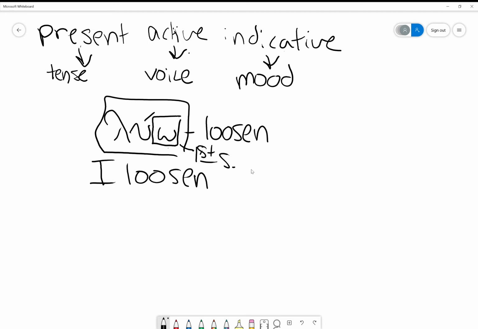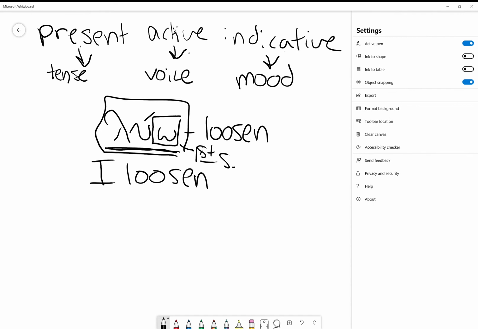Then they'll give you the definition because they're expecting you to know how to conjugate the verb, break it out, pull its pieces apart, and figure out what it means in whatever context you're reading. But we're just going to simply define it as "loosen" because we're using this as a placeholder for a whole series of forms. So for now, we're going to do the present active indicative.